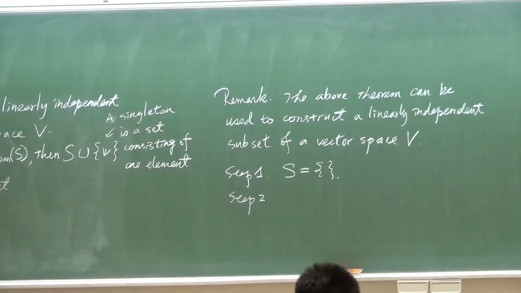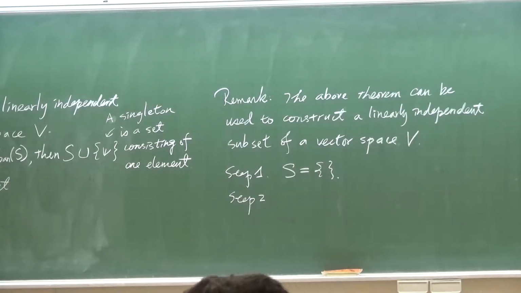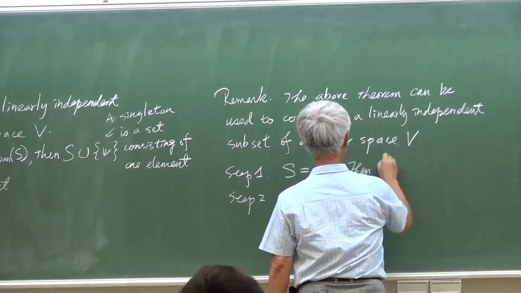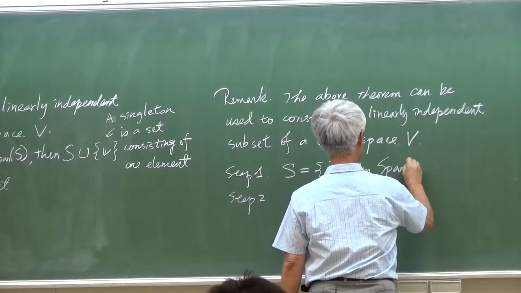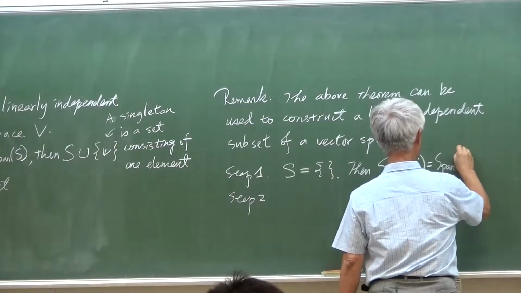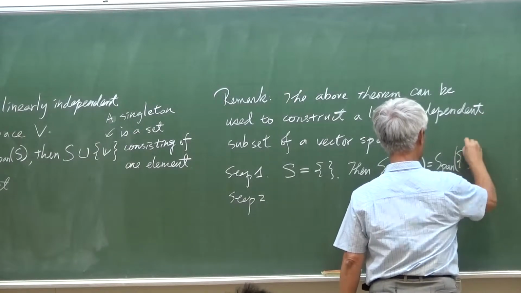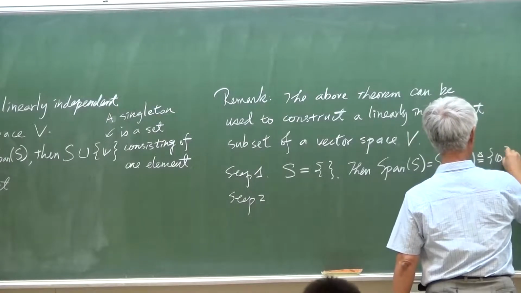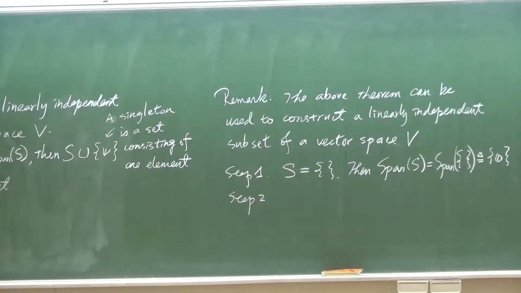Alright, so step 2: v is not contained in the span of S. Then the span of S, of the empty set, is defined to be the trivial set. It consists of only one element, which is zero.